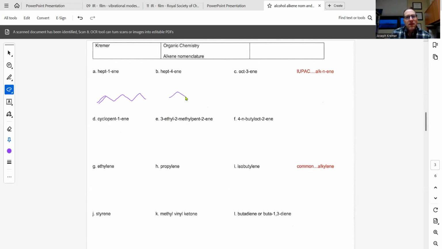Hept-4-ene, 7 carbons: carbon 1, carbon 2, carbon 3, carbon 4. Forgive me, but I feel I should do that for at least one of these examples. And at carbon 4, make a double bond.